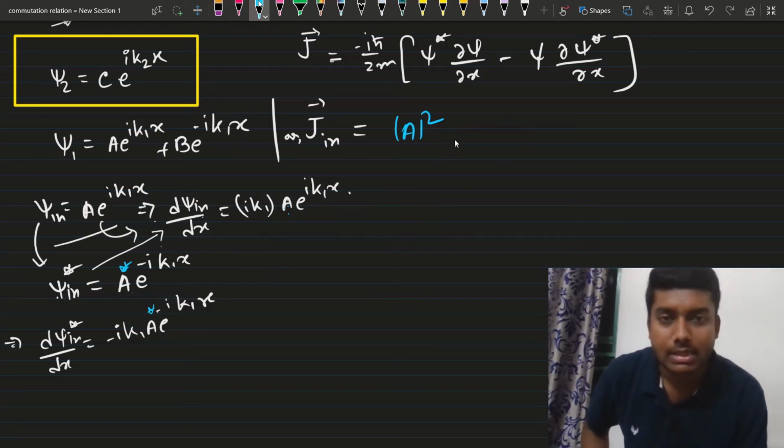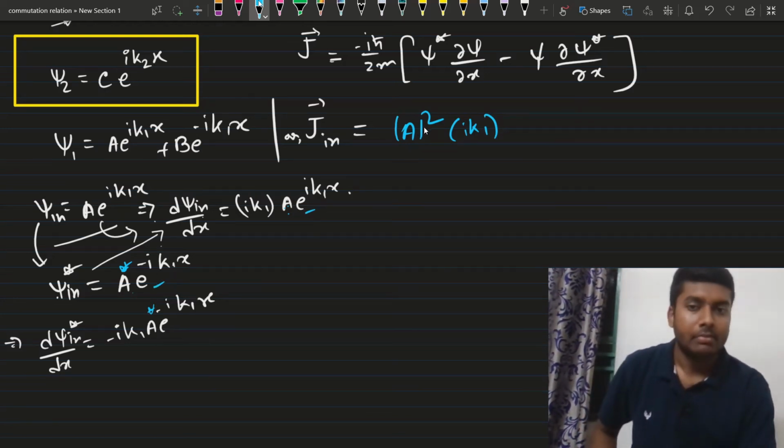So mod of A squared i k1, and these two exponential terms will just cancel out. Okay, so this is fine.